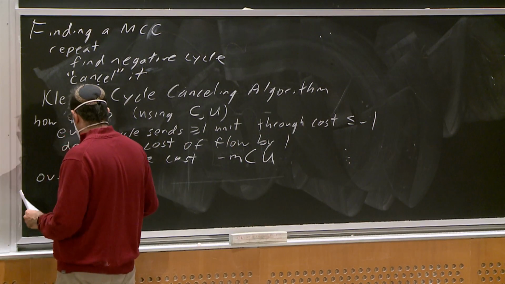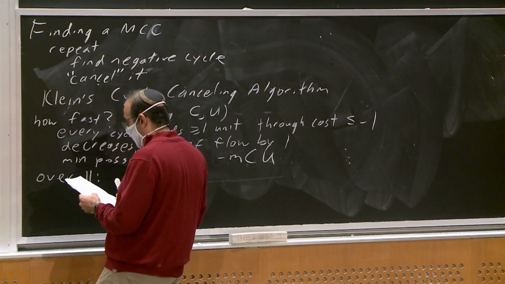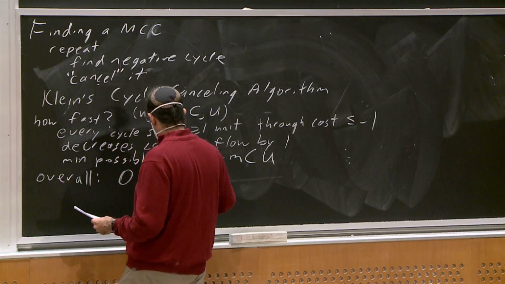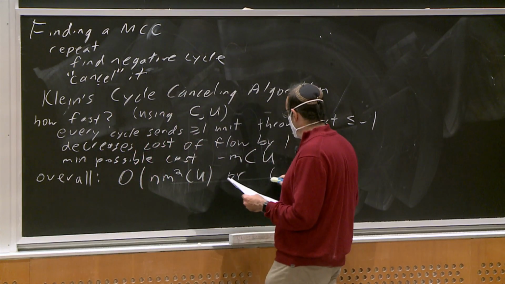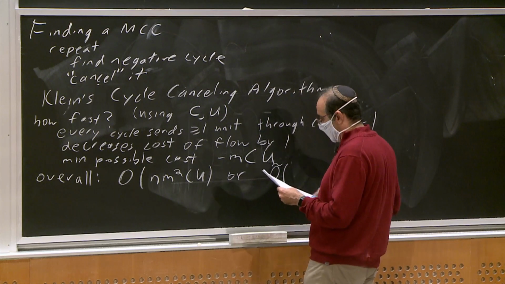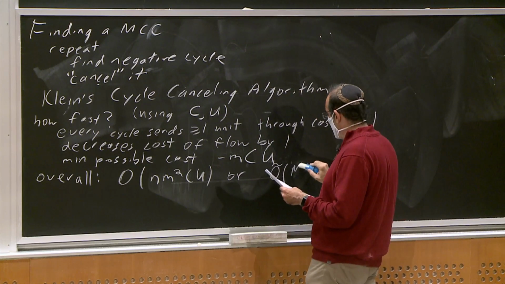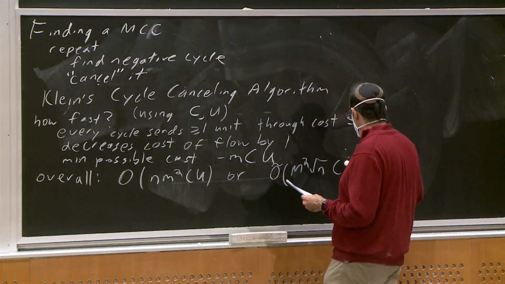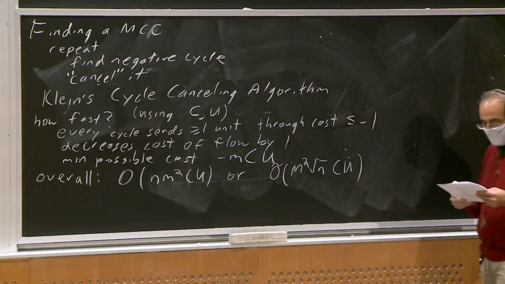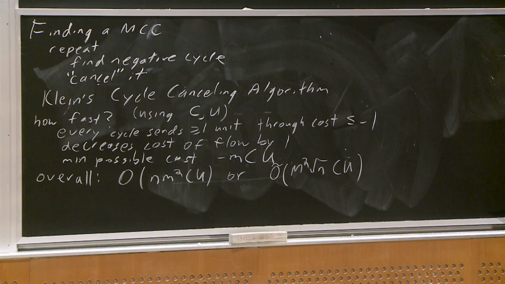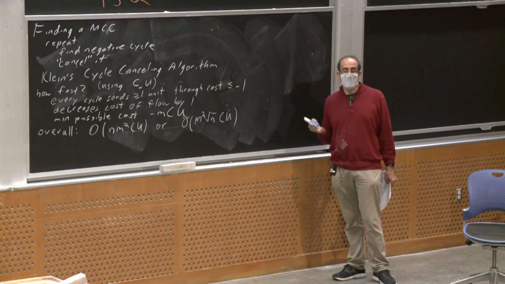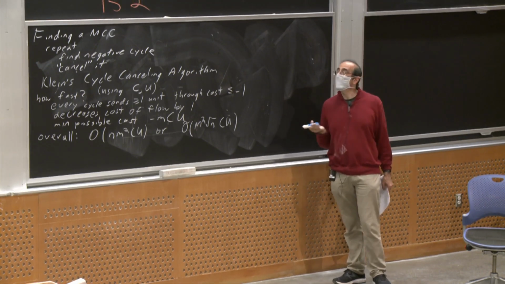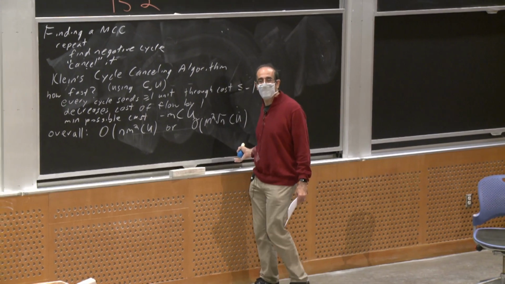And so overall, our runtime is order nm squared CU, or, with some logs, order m squared root n CU. So we have some pseudo-polynomial bounds. They're kind of big pseudo-polynomial bounds, but we have something. Okay, so this was our first algorithm.